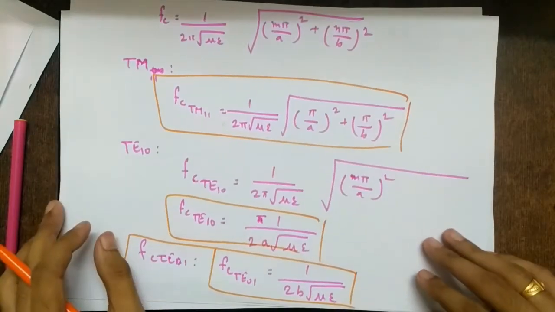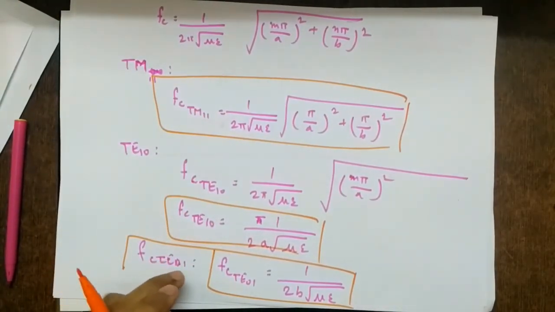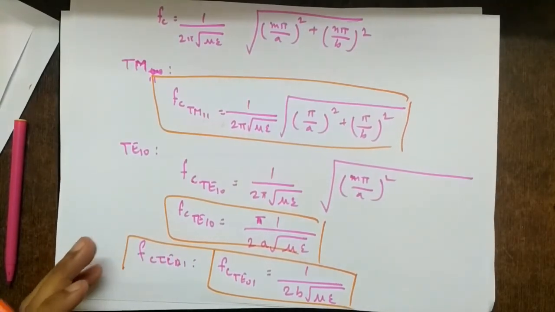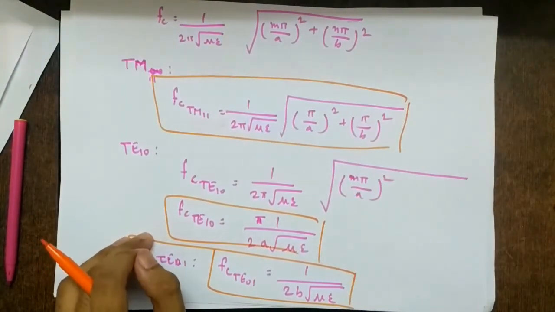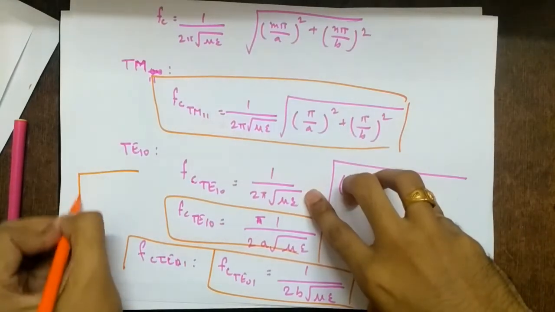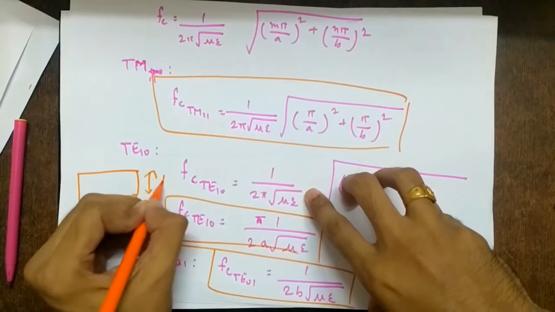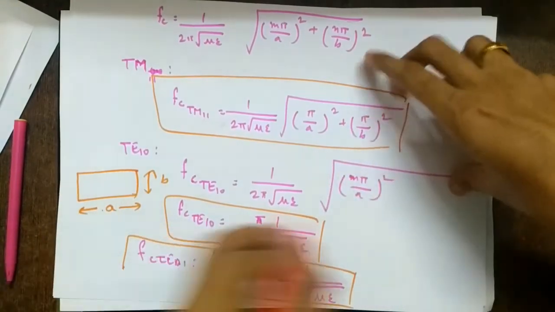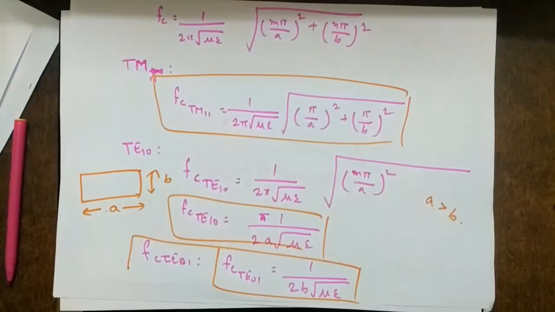So you want to find the dominant mode. Which among these should be the dominant mode? The one with the lowest cutoff frequency, right? That is how we have defined the dominant mode. So let's see what is happening. The lowest cutoff frequency will be where? A is the broader dimension, so a is always greater than b, right?